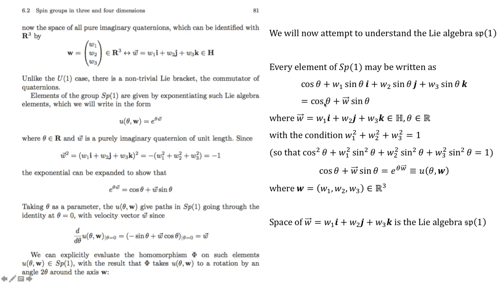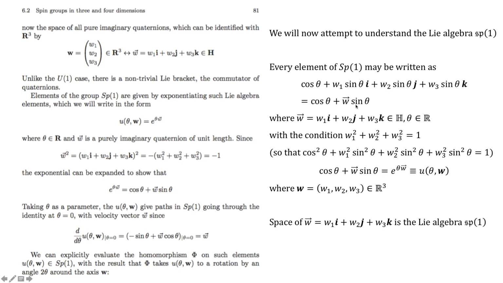Now, for my understanding, every element of SP1 may be parameterized by theta, W1, W2, and W3, corresponding to the real and imaginary components of the quaternion. According to this equation here, we have the condition that W1 squared plus W2 squared plus W3 squared must be 1. If we express this as W arrow, where W arrow follows this definition here, then we can write this in a more compact form.